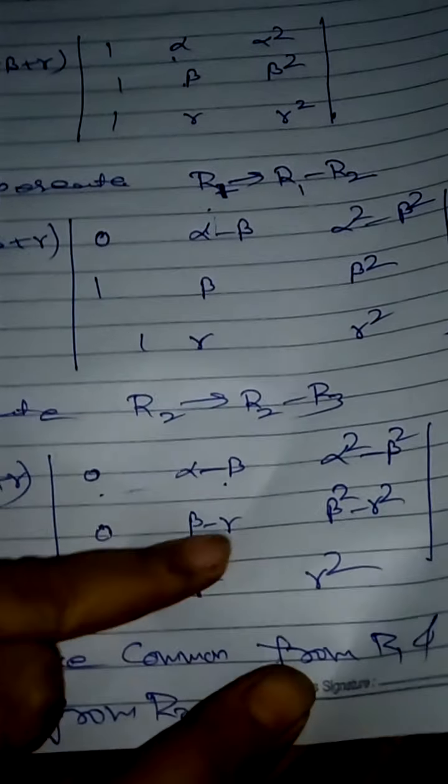Taking beta minus gamma common, the second row is 0, 1 and beta plus gamma. Similarly the third row is 1, gamma, gamma square.